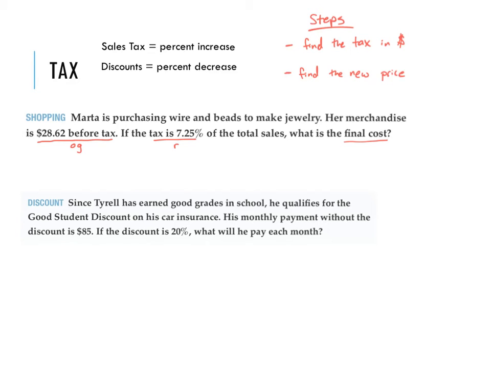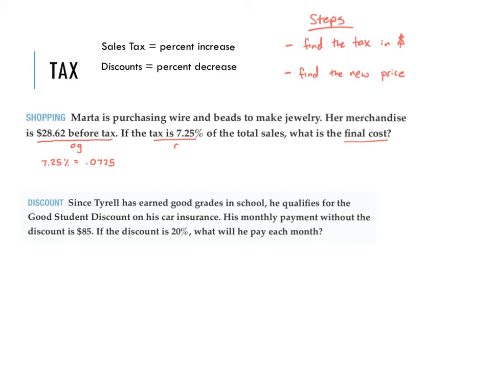Okay, well, when I want to know what my tax is, I need to figure out how much of the original price is 7.25. In order to do that, the first thing I do is turn my percent into a decimal. So 7.25% is equal to, move my decimal place up 2, 0.0725 as a decimal.